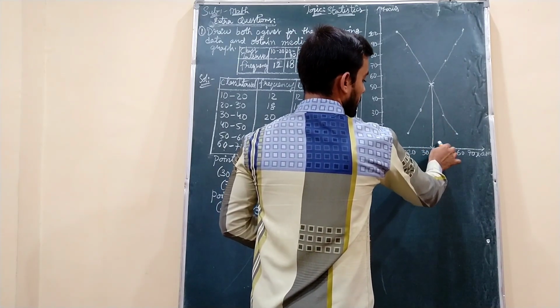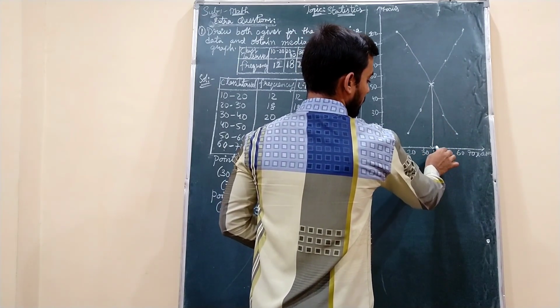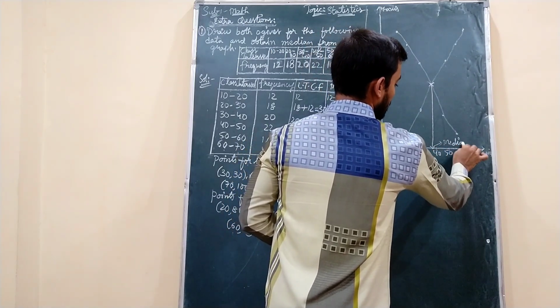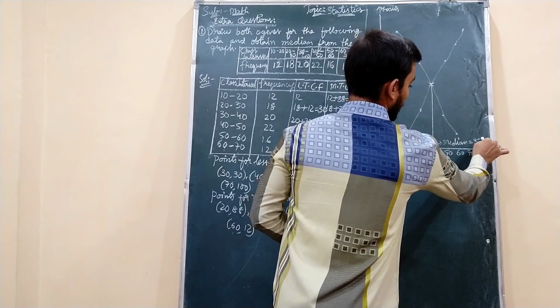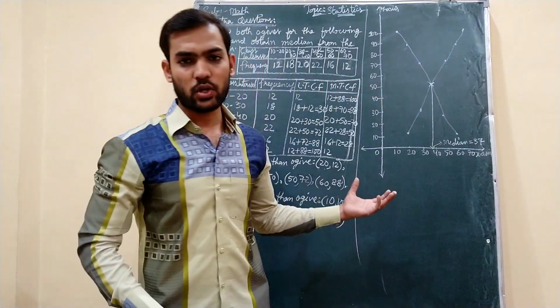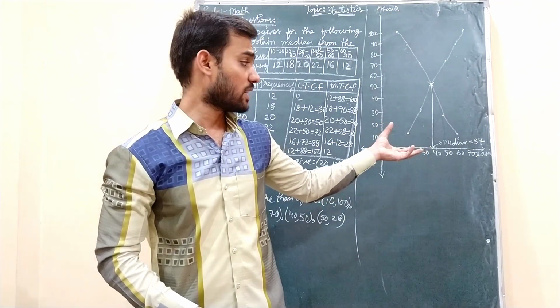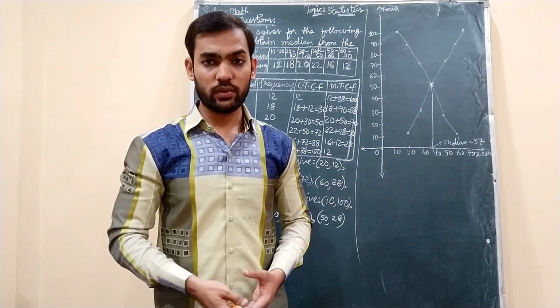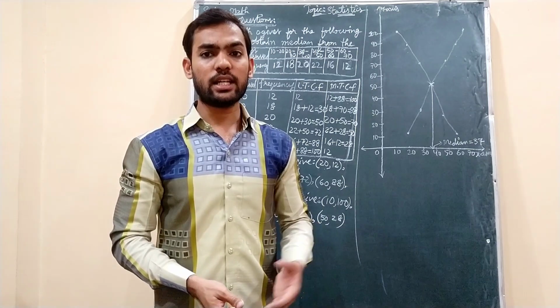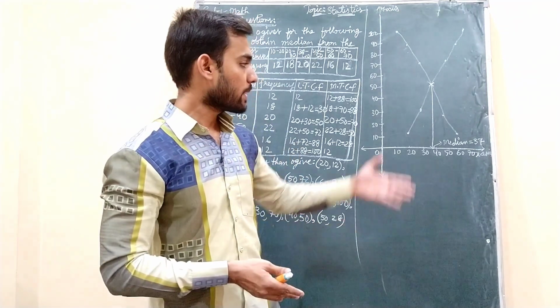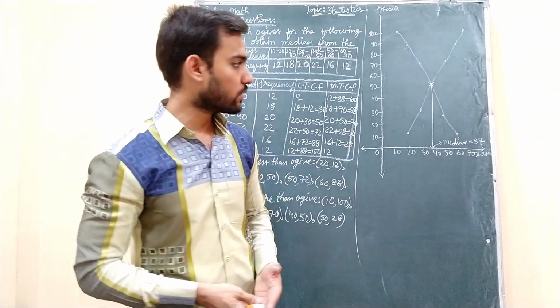So here we are getting somewhere in between 30 and 40. So median is around 37 or 38. As I am not doing it in a graph notebook, I may get an answer like 37. Hopefully you will also get 37, otherwise you will get the correct answer, because when you do it in the graph you will get the accurate answer. So median is equal to 37, I wrote over here.